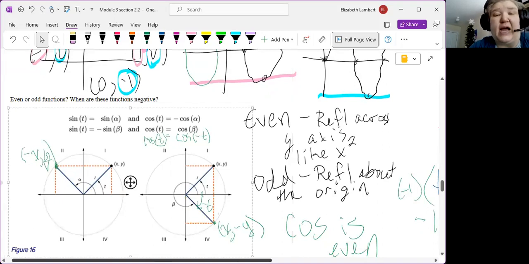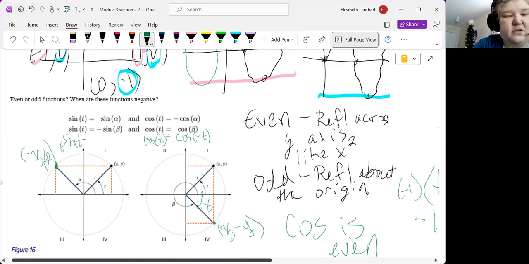Now our sine over here. Remember our beta here I said was the same as negative t. So sine of t is the same as negative sine of negative t. So that matches our odd definition.